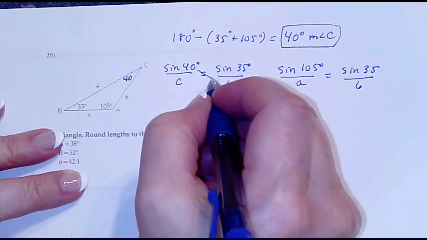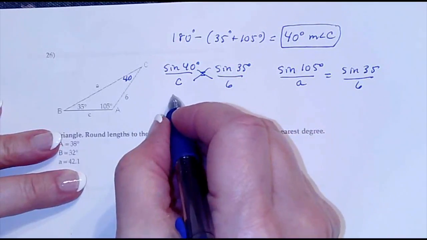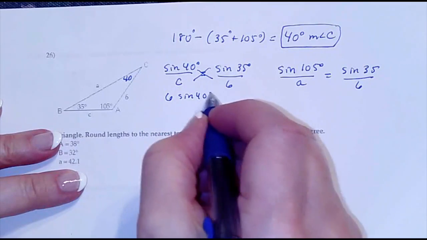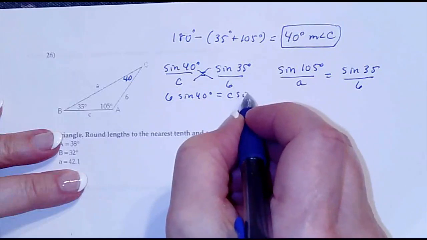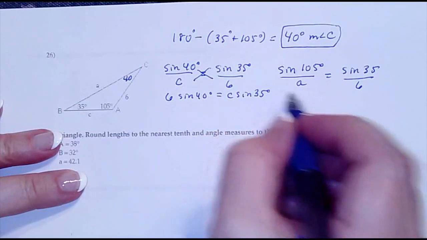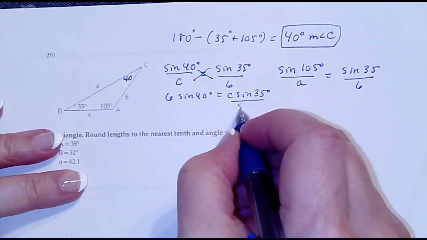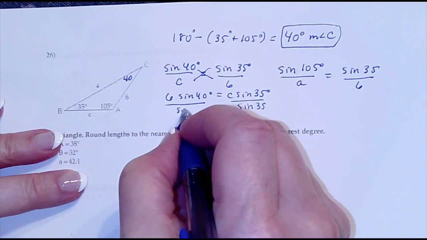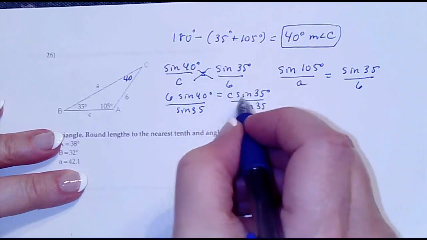So we just cross product again. We get 6 sine 40 degrees equals C sine 35. And then we divide by sine 35 on both sides. Now make sure your calculator is in degrees mode.